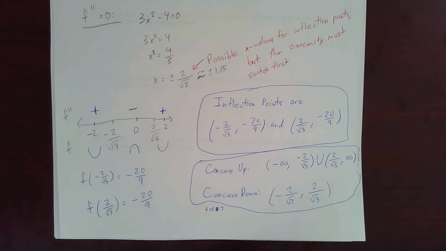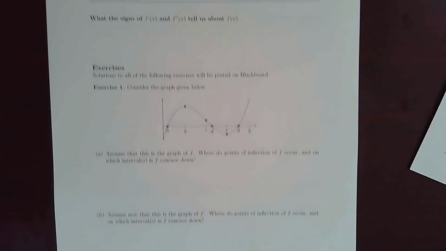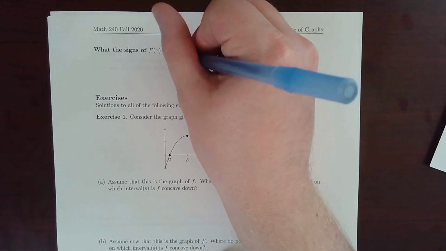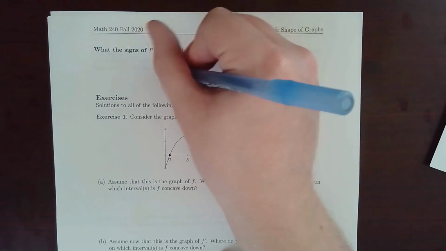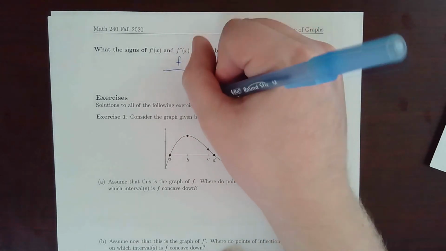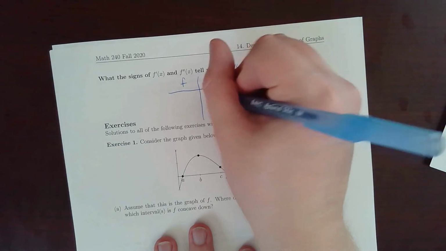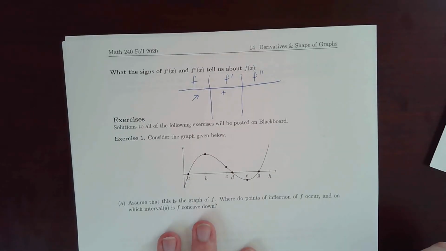Alright, so just some things we want to make sure that we're keeping in the back of our heads. We want to know what the signs of our first derivative and second derivative are telling us about our original function. So here is f, here is f prime, and here is f double prime. If our first derivative is positive, then our function is going up.